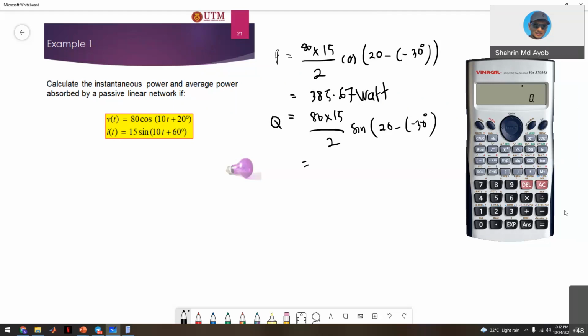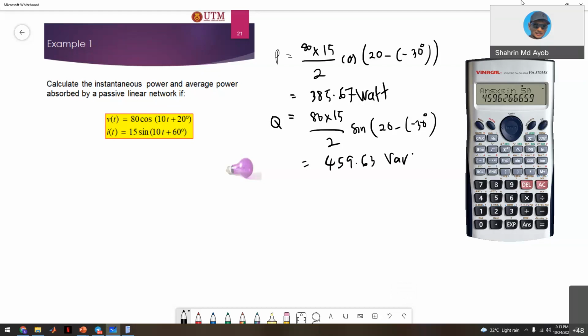So 80 multiplied with 15 over 2, and then multiplied with sine of negative 10 degrees, which gives 159.63. Okay, so that is your Q.